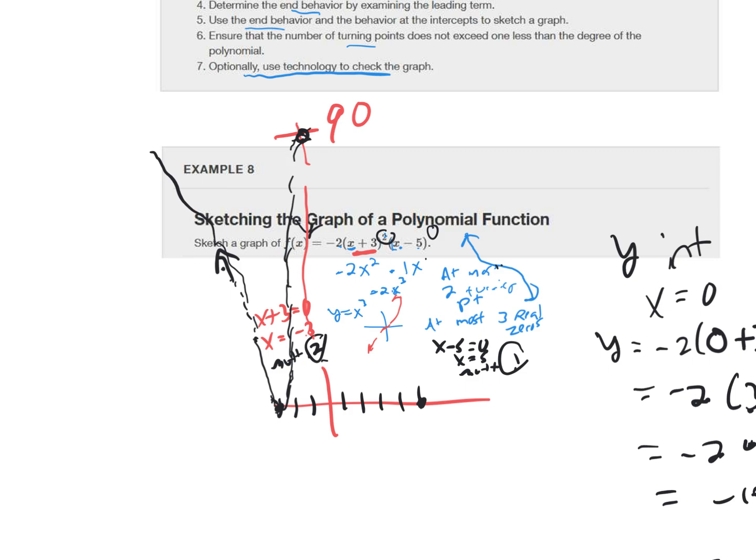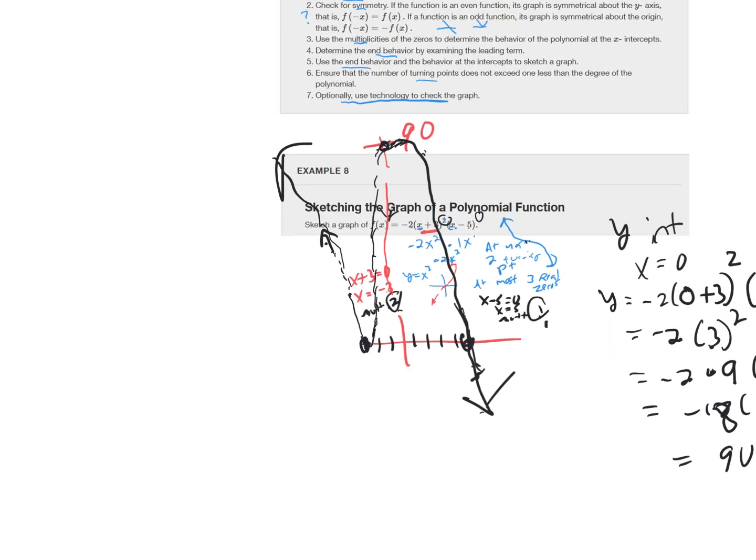Not really sure. But I know it has to come back down because it has to hit this 0. So somewhere it comes down to cross that 0. Both zeros have to be crossed, and it has to come straight through it because it's multiplicity of 1. Odd number means it has to cross it, so it's going to continue down. Well, that's exactly what I said was my end behavior.